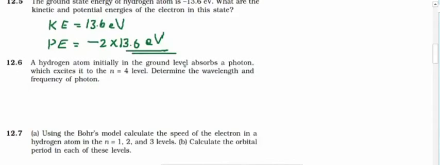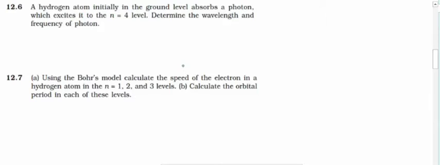Now next question 6, a hydrogen atom initially in the ground level absorbs a photon which excites it to the n equal to 4 level. Determine the wavelength and frequency. So it is excited to n is equal to 4 level.